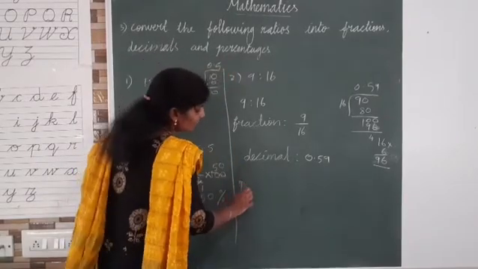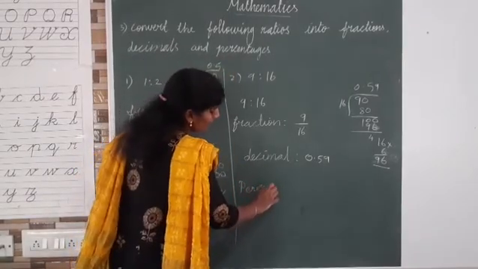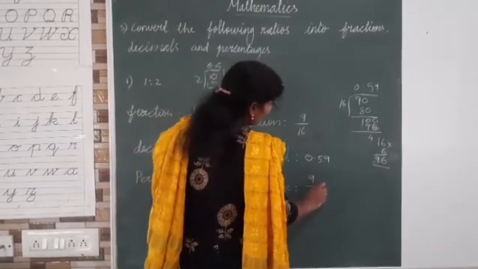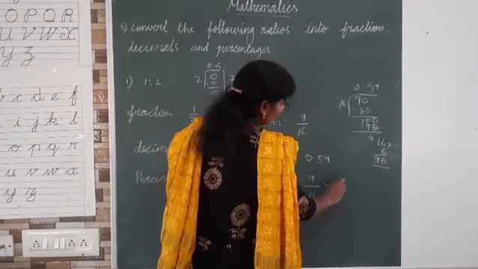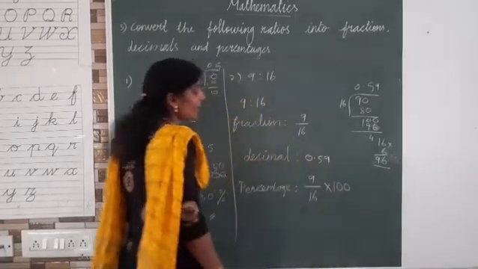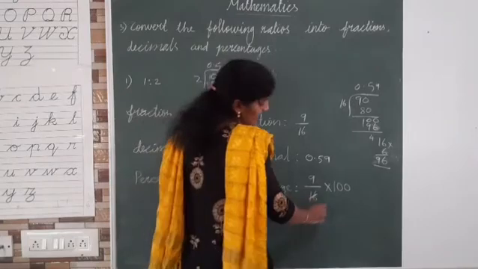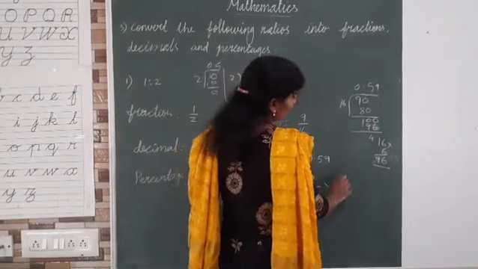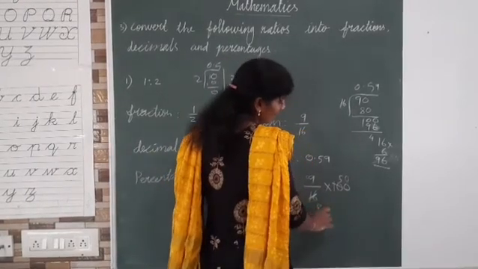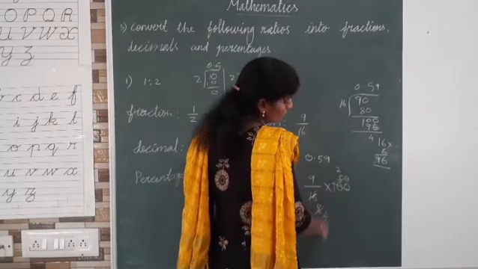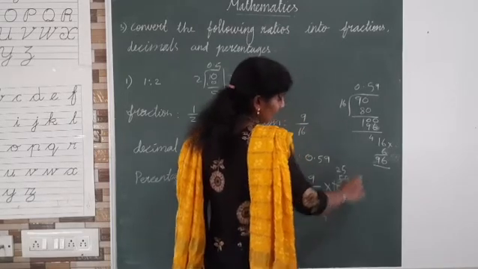Then next we write the percentage. What's the percentage of 9 is to 16? 9 by 16 into 100. Now we can cancel it. Use the 2 table: 8 2s are 16, 5 2s are 10, 0. Again the 2 table: 4 2s are 8, 2 2s are 4, 2 2s are 4, 1 balance, 5 2s are 10.